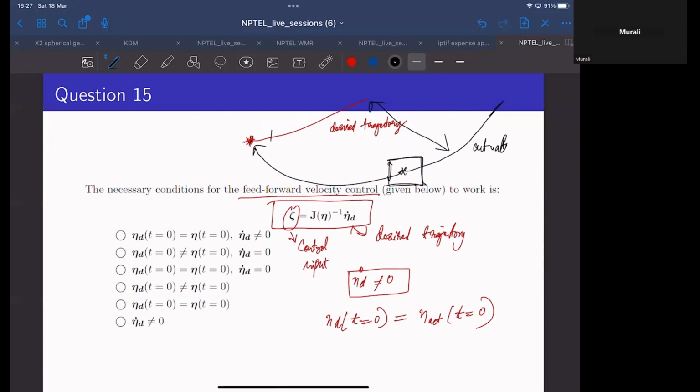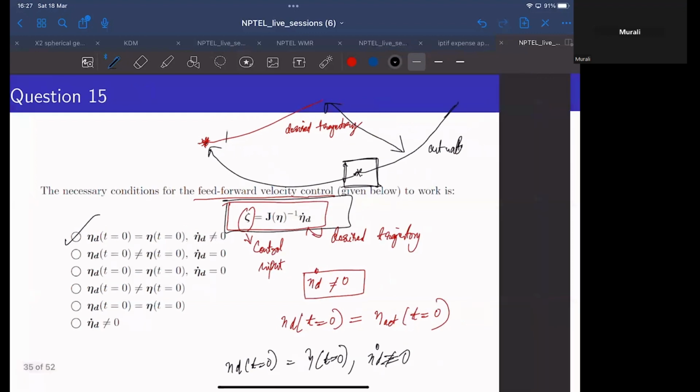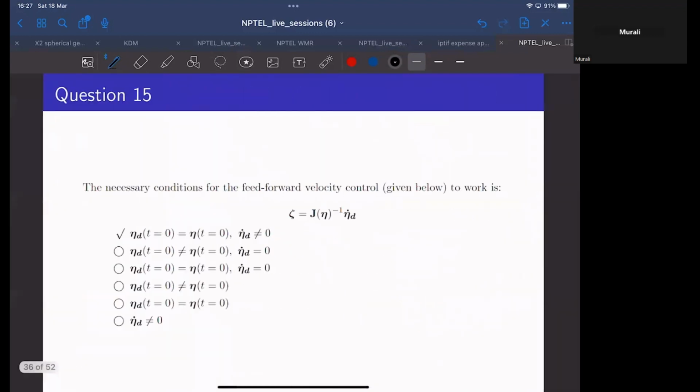So in that regard, these 2 options: eta desired at time t equal to 0 should be equal to eta actual, or eta at time t equal to 0, and eta desired dot should not be equal to 0. Otherwise, this controller will not work. So in that regard, the correct option is option A, right? That is the correct option.